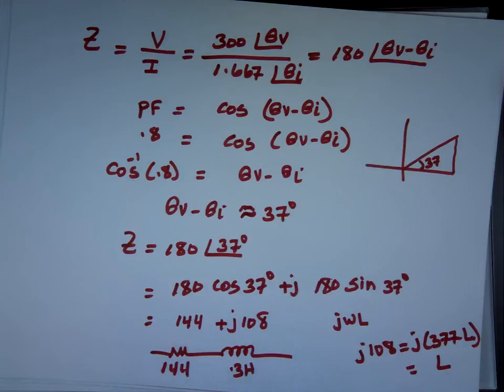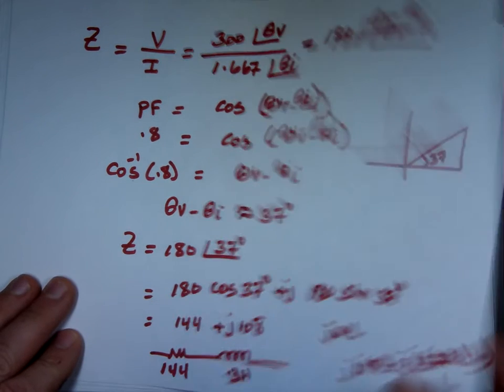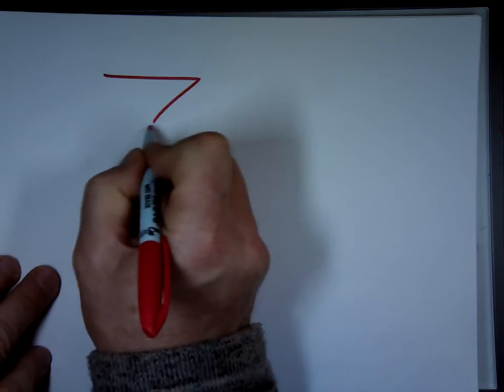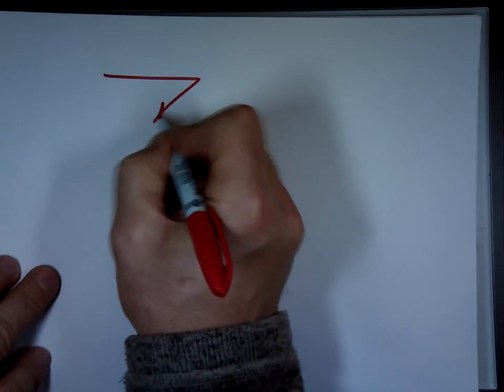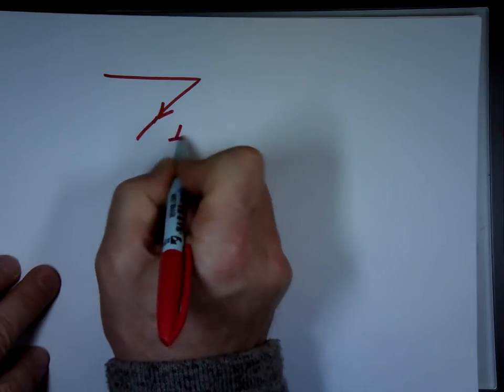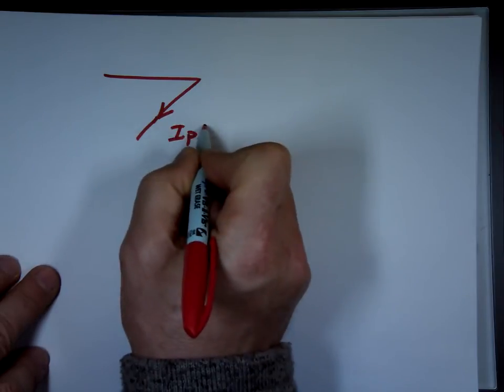Now the question came up, why is it square root of 3? And I said, take any two numbers. If you have current here, let's say going this way, of some magnitude I sub P with angle 0, I'll make the math easy.